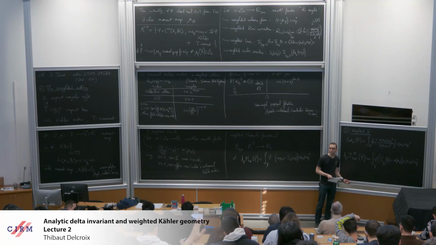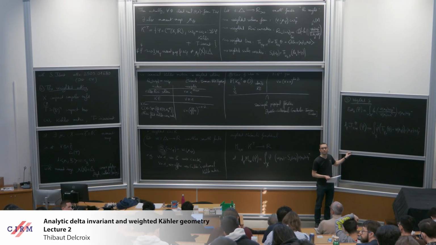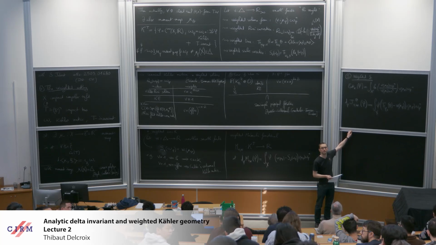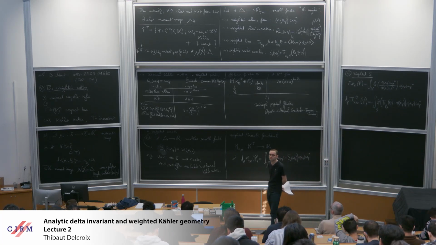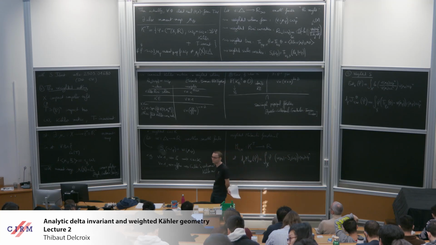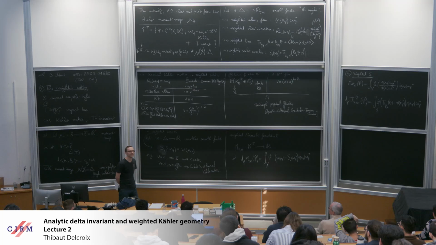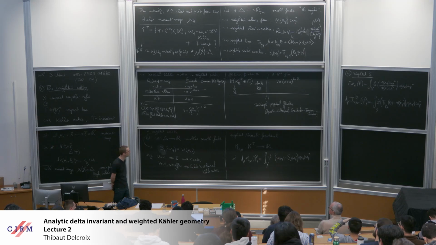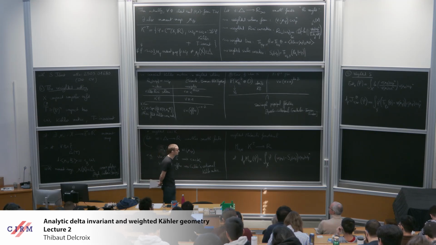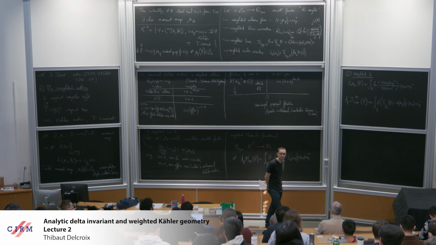Any questions? Yeah? In a geometric setting, do you always need some convexity or concavity of the weights? Not yet. For results of existence, yes, we will need some assumptions like this, but it is more a problem of what we are able to do in the analysis.